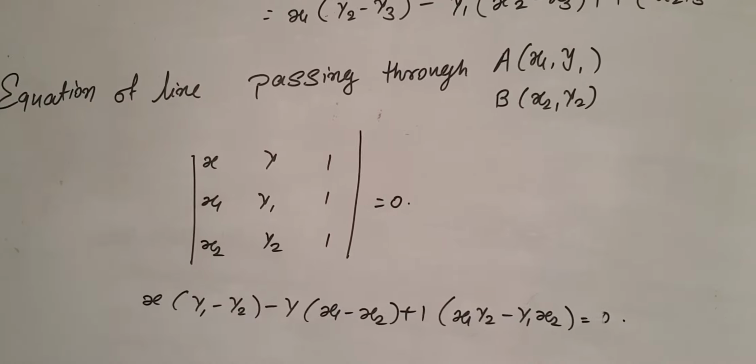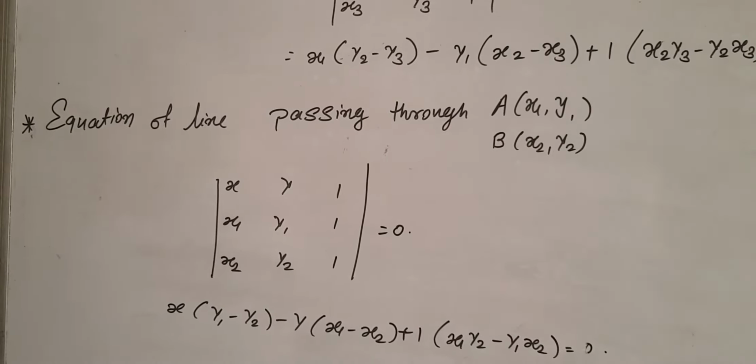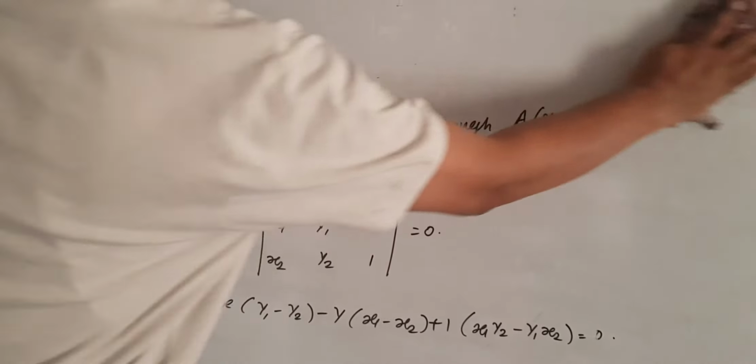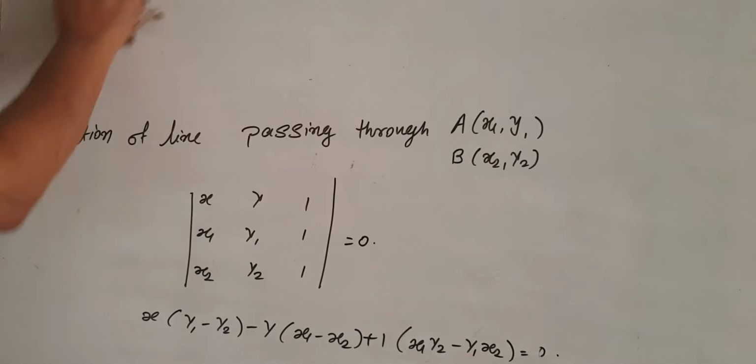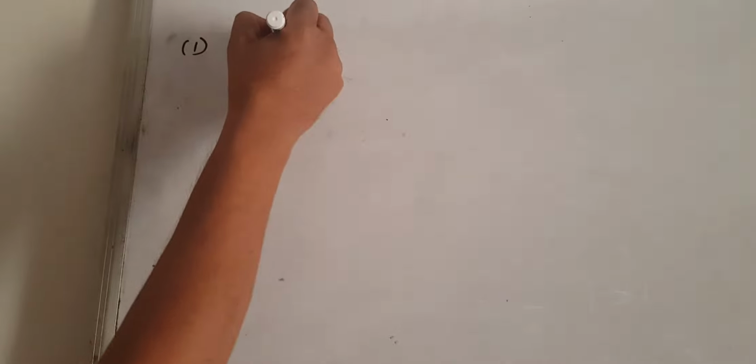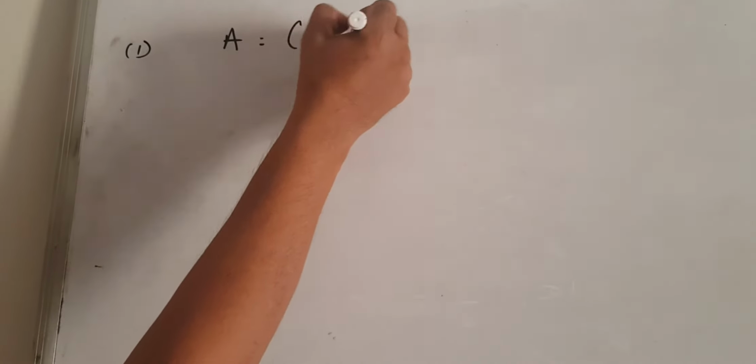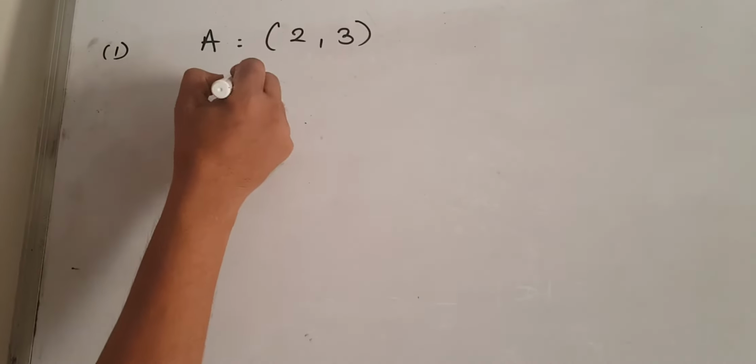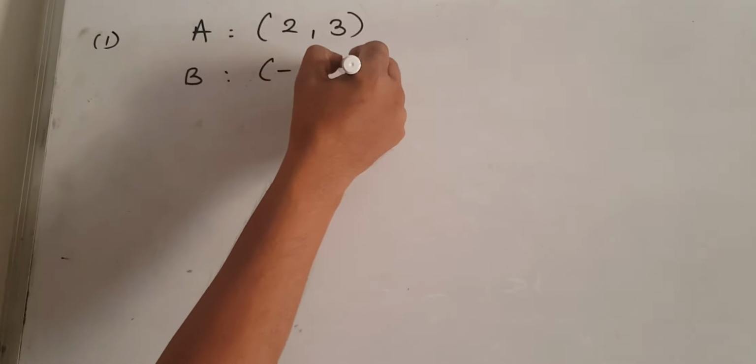Now we can use this formula for finding the equation of the line. Suppose they give you an example, number 1: A is (2, 3) and B is (minus 4, 1).